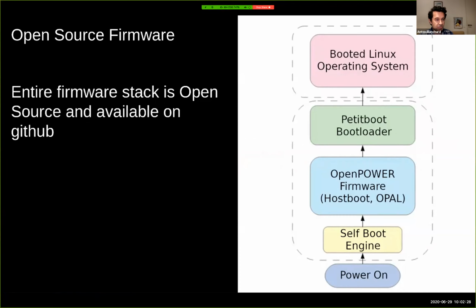Some of our systems have a completely open source stack from top to bottom, or bottom to top, depending on which way you want to look at it. If you look at everything from power on through to Linux booting, and then things like KVM hypervisors through to user space, everything is open source and available on GitHub.